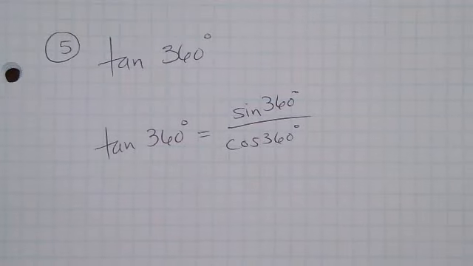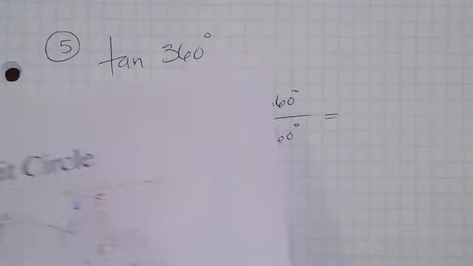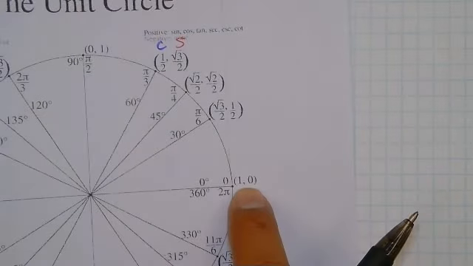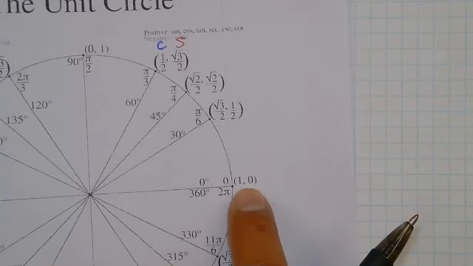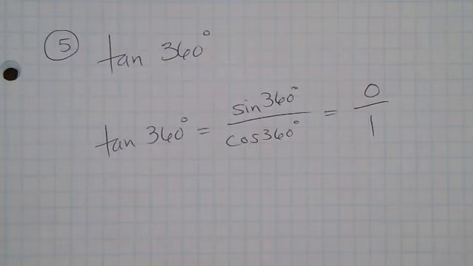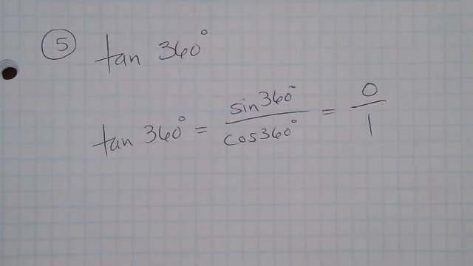Well, that would be sine of 360 divided by cosine of 360. Which one's sine and which one's cosine? Is it 1/0 or 0/1? Very good, you get 0/1.